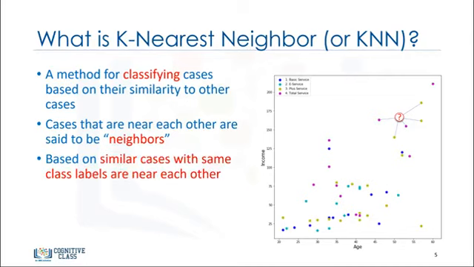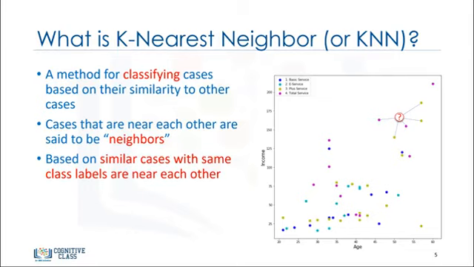K-Nearest Neighbours is based on this paradigm. Similar cases with the same class labels are near each other. Thus, the distance between 2 cases is a measure of their dissimilarity. There are different ways to calculate the similarity, or conversely, the distance or dissimilarity of 2 data points. For example, this can be done using Euclidean distance.